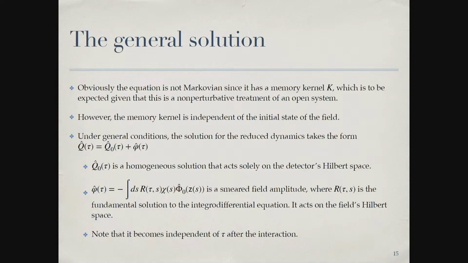And this is the fundamental solution of the integro-differential equation, or the Green function of the integro-differential equation, and it is modulated by this guy. So we see that this is a field amplitude that is mirrored in this region.